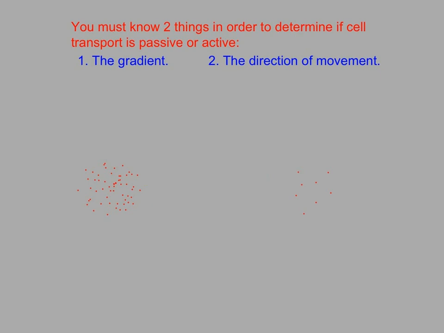But if it's going in the opposite direction, if it's going from where there's less to where there's more, that's going to be described as going against the gradient or up the gradient, as if it's trying to travel uphill.